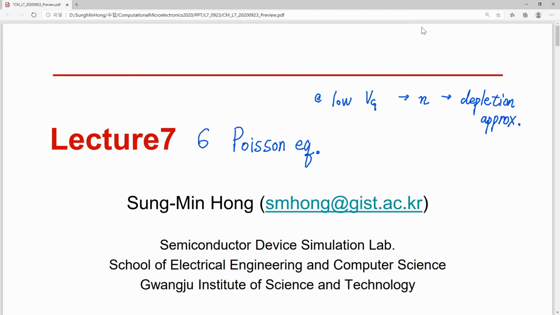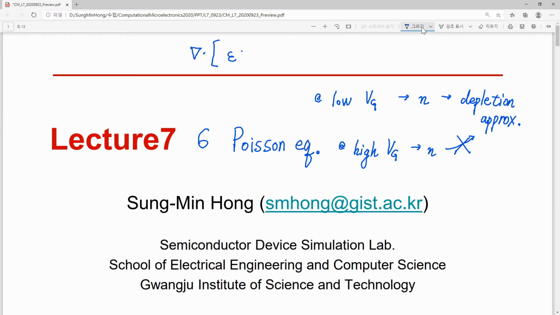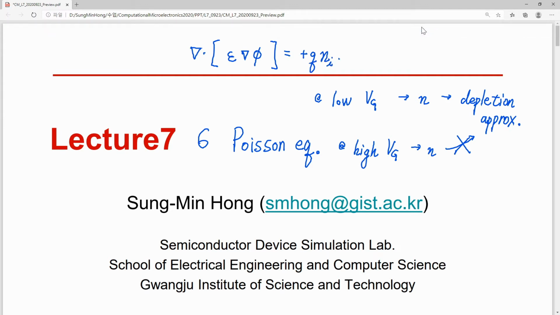However, at the same time, we now understand that if we have a high Vg value, then our electron density is quite high, so depletion approximation cannot be used any longer. Therefore, in the general case, we have to solve the following equation. Epsilon equal to, now we have positive q and exponential phi over Vt.